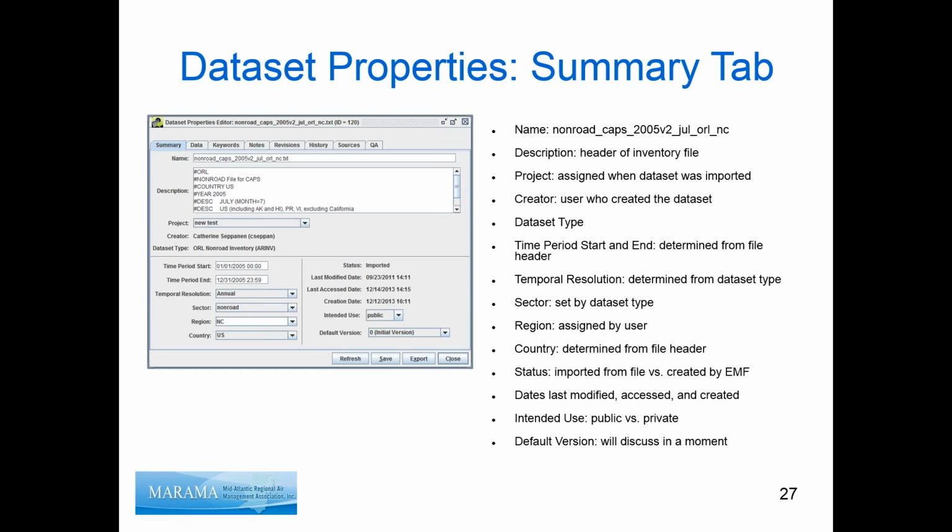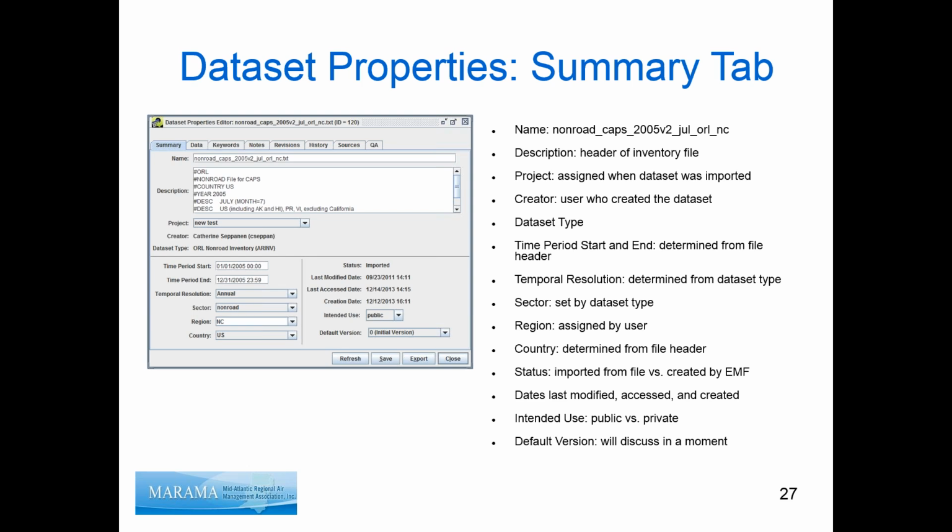We had a question last week about how the data sets are managed between different groups. The EMF is not restricting your access to data sets, but you could use this intended use field to set sort of, oh, this is a file that we intend to be used by this group versus public for everybody.